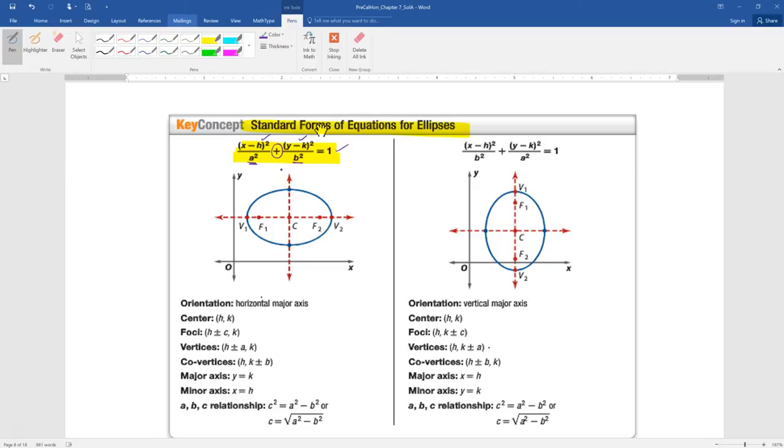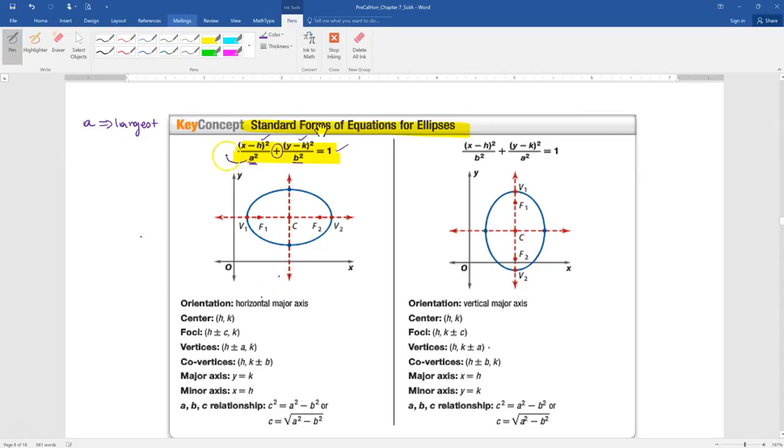Now, this is how the equation for the ellipse looks when the ellipse is horizontal. Okay? The ellipse is horizontal, and how do we know that the ellipse is horizontal? Remember we said that A is the largest variable? Well, if the largest distance is along the x, then it's horizontal.